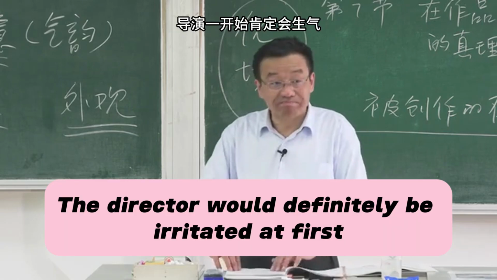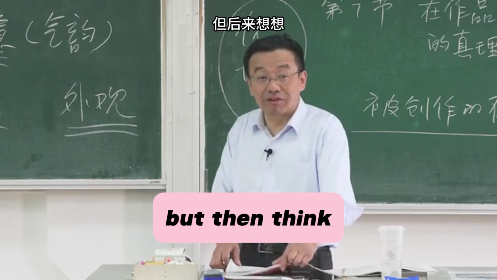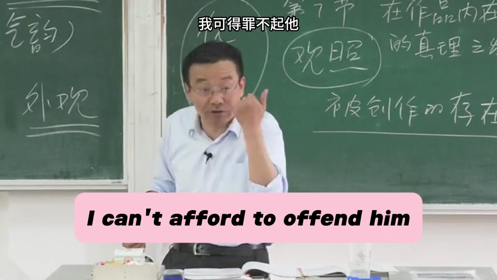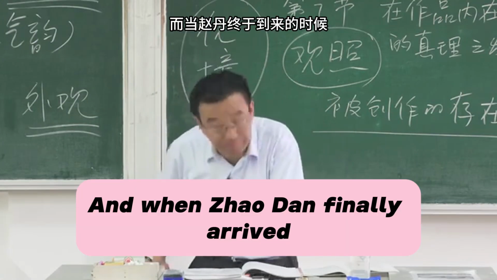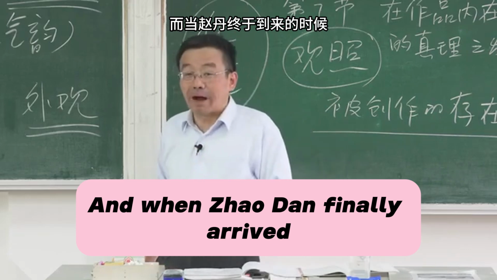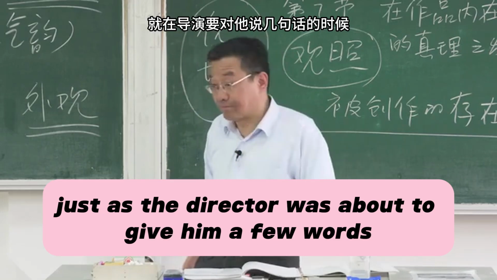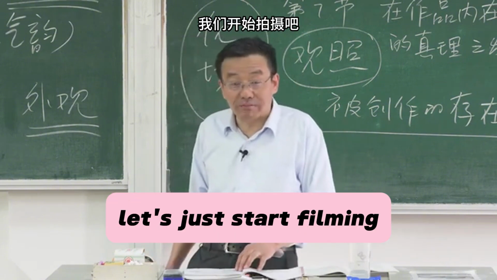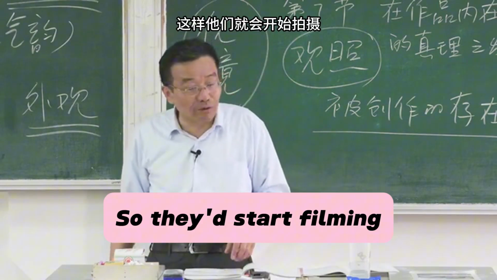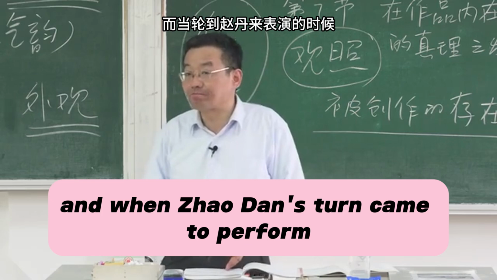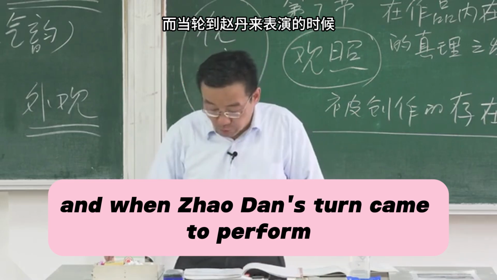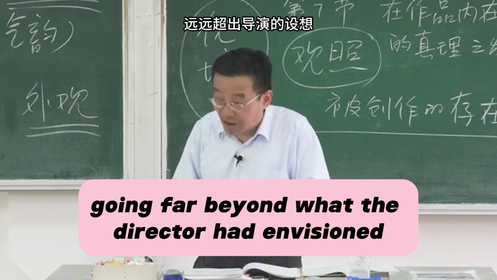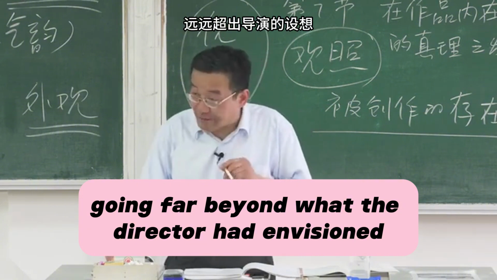The director would definitely be irritated at first, but then think, well, he's a big star, I can't afford to offend him. And when Zhao Dan finally arrived, just as the director was about to give him a few words, Zhao Dan would say, no need to explain, let's just start filming. So they'd start filming. And when Zhao Dan's turn came to perform, his performance would absolutely astound the director, going far beyond what the director had envisioned.